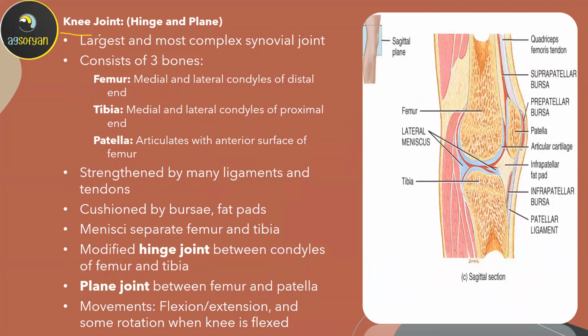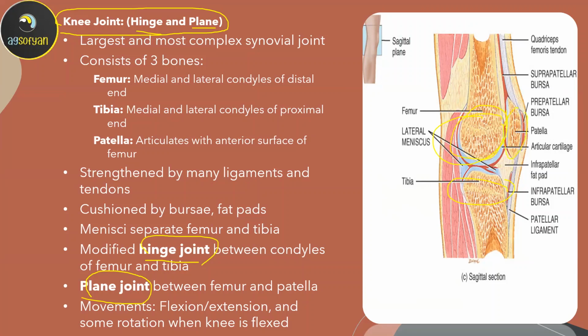The next one is the knee joint, and in the knee joint there is also a hinge and a planar or gliding joint. The hinge is located between the femur and the tibia. The plane or gliding joint is between the femur and the patella.